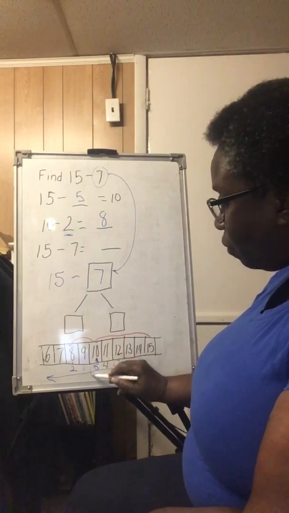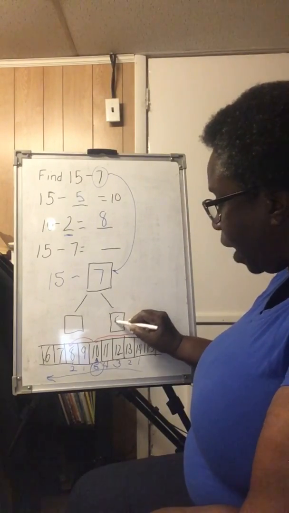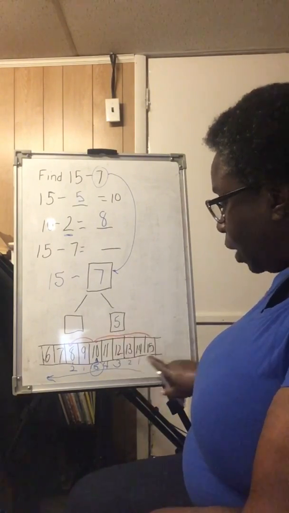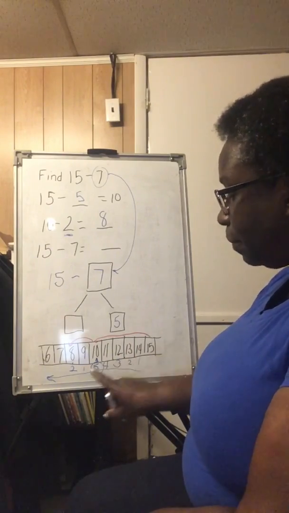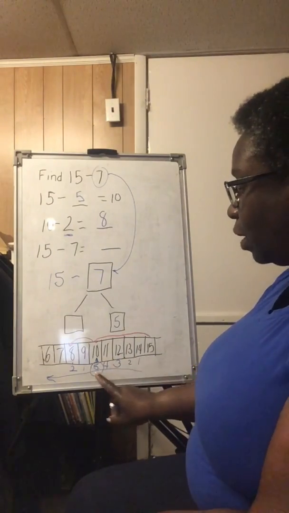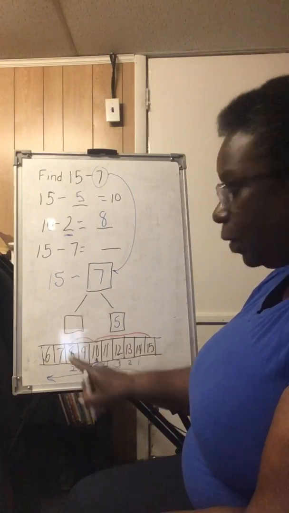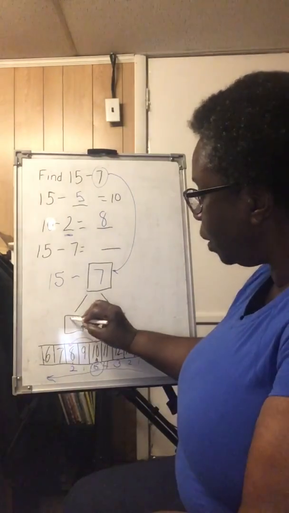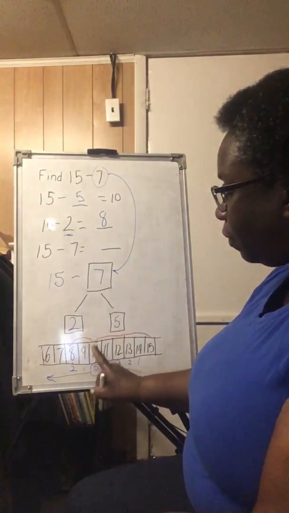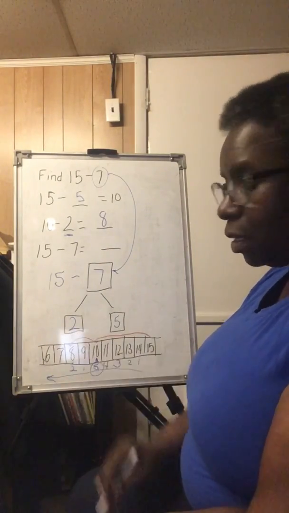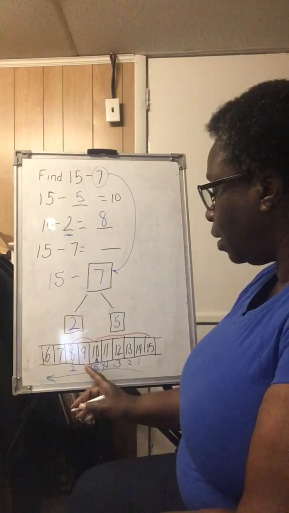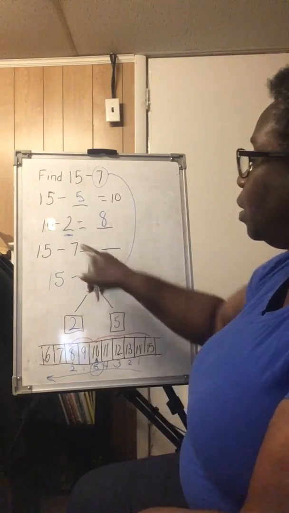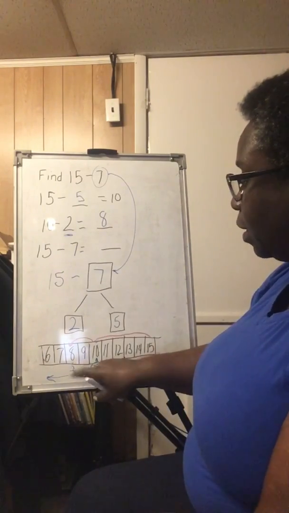Then we stopped at 5 right here, so we put 5 in this box because it went back 5 spaces. So what do you think we're going to put right here? Because we went back how many spaces? Right, 2. So we put our 2 right here. 15 minus the 5, 10 minus the 2. So 10 minus 2 gave us 8.